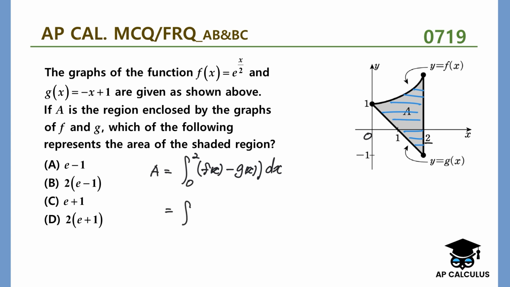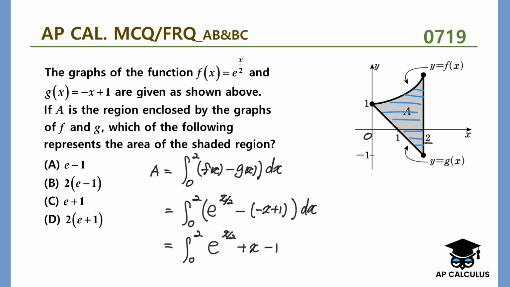So we have 0 to 2 of f of x, that's e to the x over 2, minus g of x, that's negative x plus 1, dx, right? So that's going to be equal to the integral from 0 to 2 of e to the x over 2 plus x minus 1 dx.